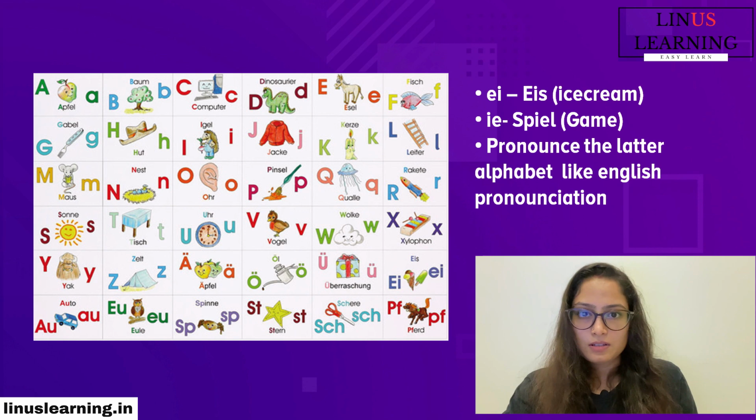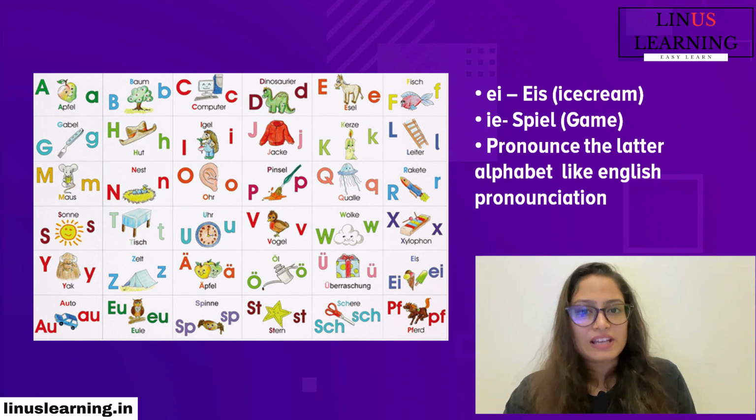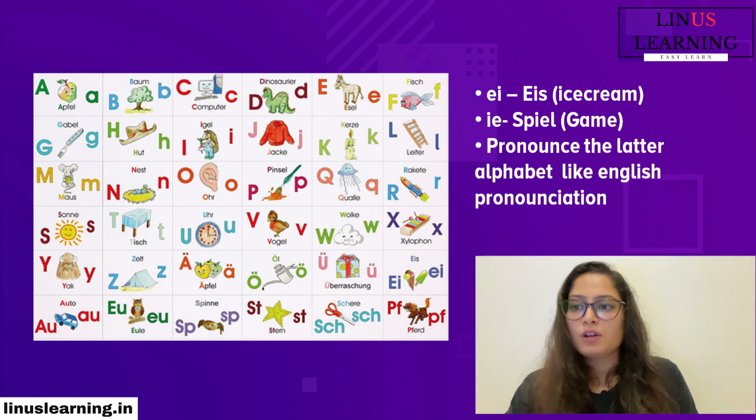K wie Kerze, Kerze is a candle, okay? L wie Leiter, Leiter means a ladder, okay? M wie Maus, mouse, okay? N wie Nest, okay? O wie Ohr, Ohr is the ear, okay? P wie Pinsel, Pinsel, that's the brush, okay?